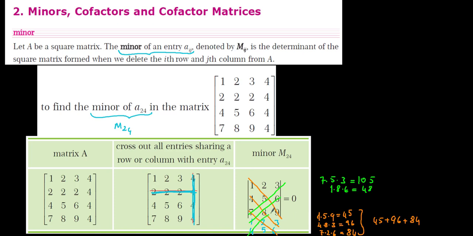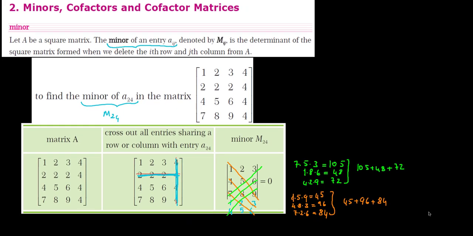And the last one is 4 times 2 times 9, which is equal to 8 times 9, which is equal to 72. And then we add these: 105 plus 48 plus 72.